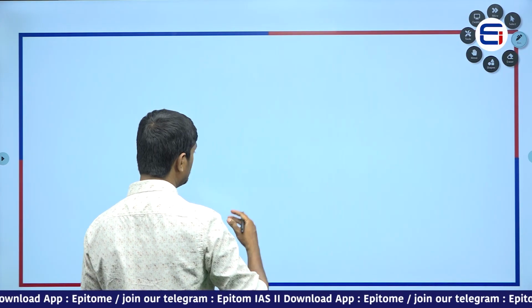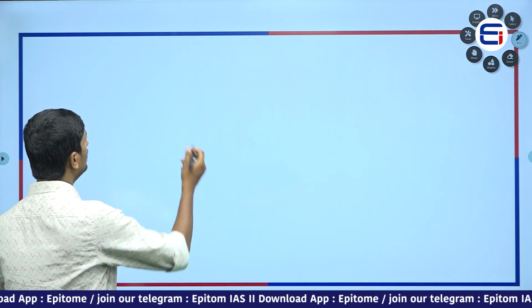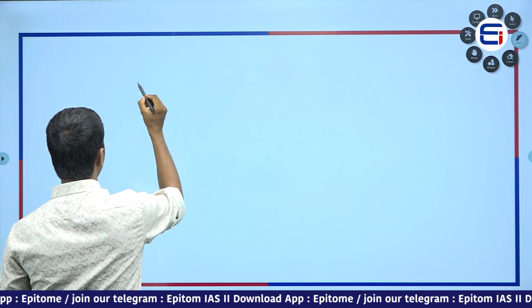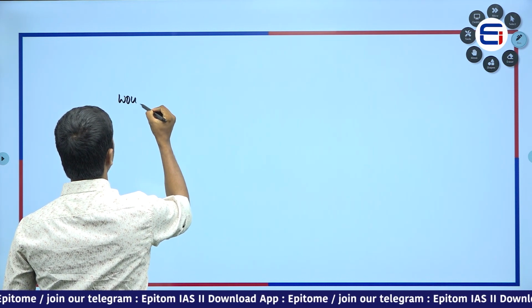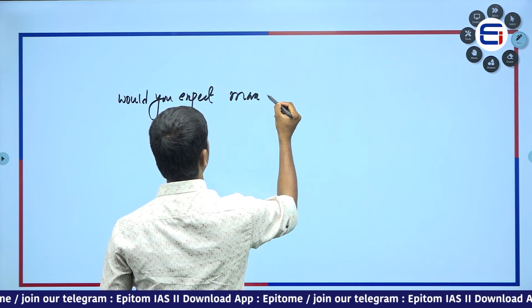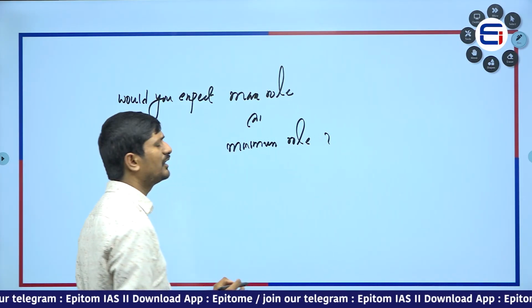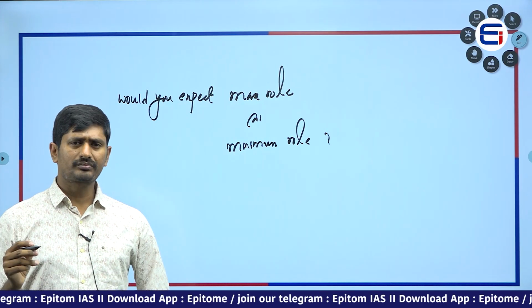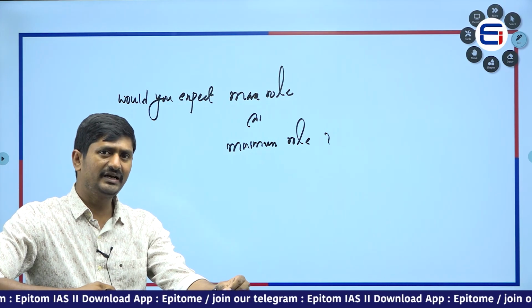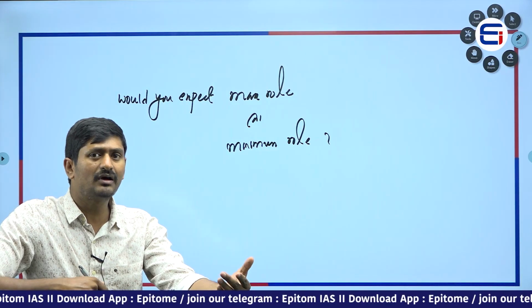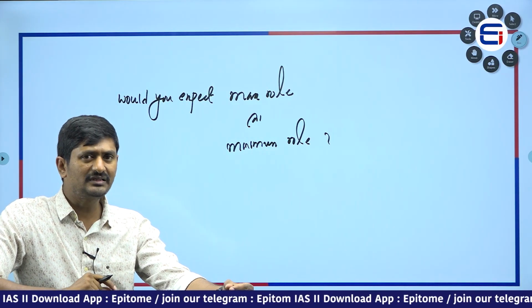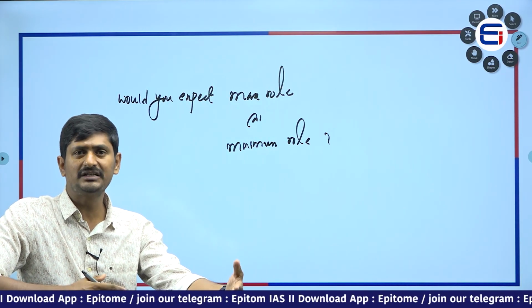In what direction must the state be functioning? In that context, would you want a maximum role or a minimum role in the society? How must the state's role be? For example, I am asking you whether the state shall be having limited powers or unlimited powers, whether the state should be having a minimal role or a maximum role.